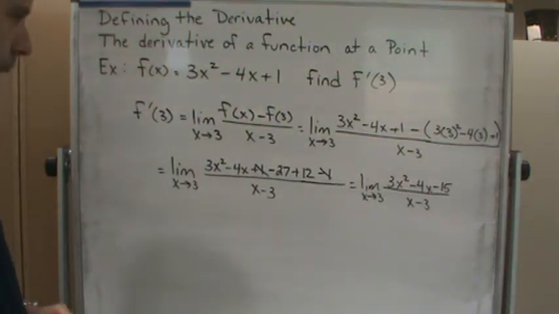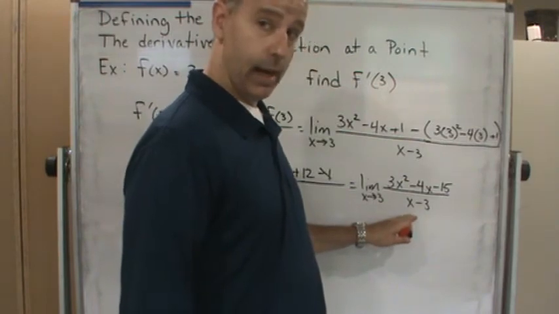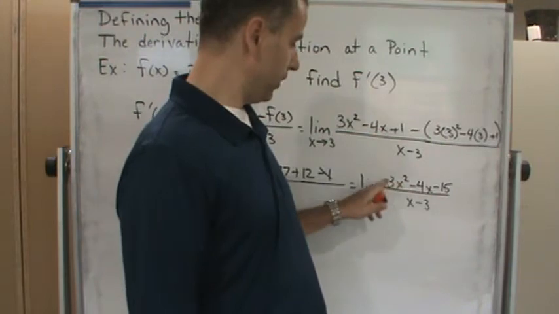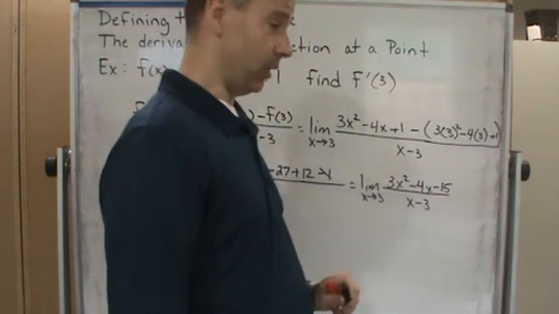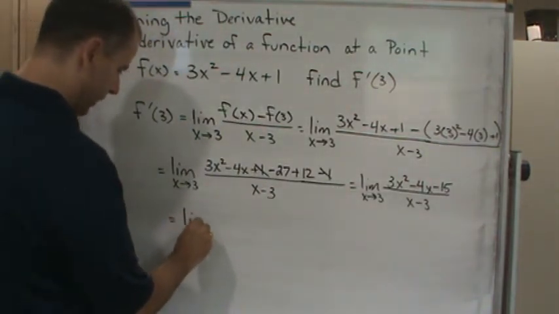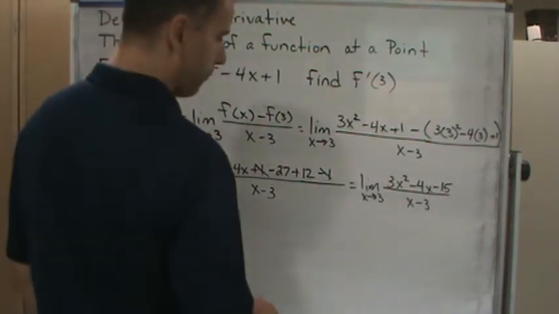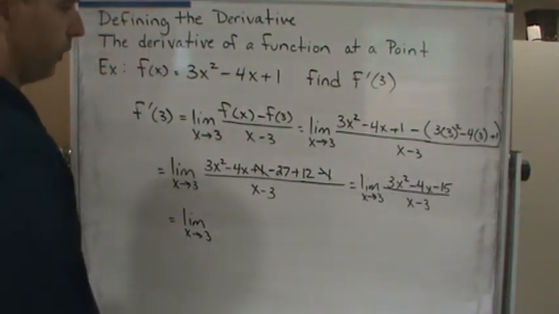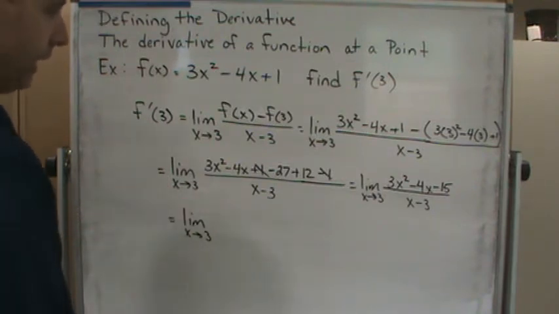Now, what am I looking for? I'm looking that x minus 3 has to be canceled out. So this should factor and give me an x minus 3 to cancel. Okay, so let's see what we get. If I use the method of decomposition or the AC method, I get negative 45.